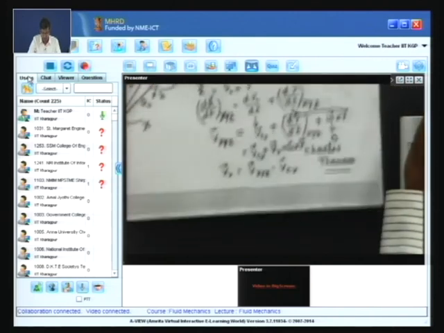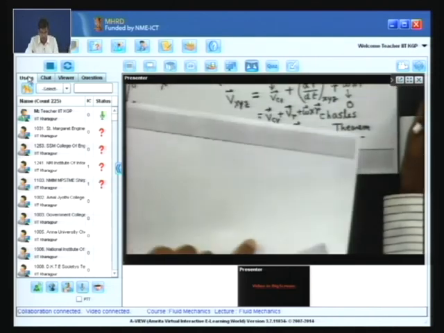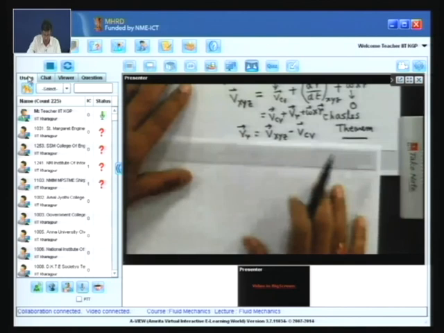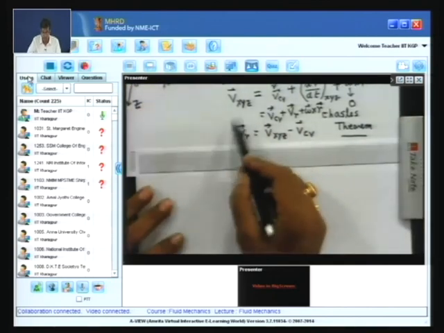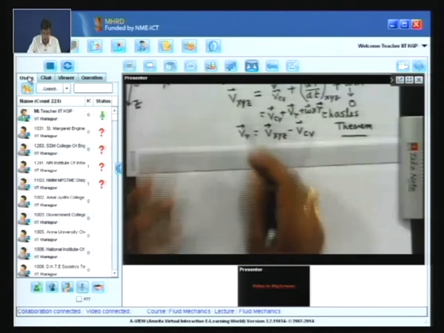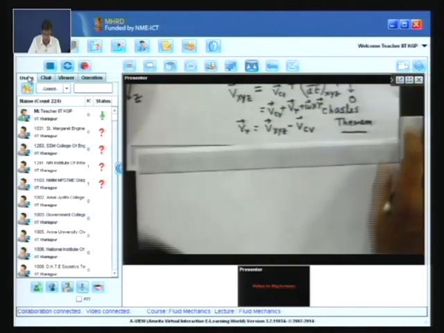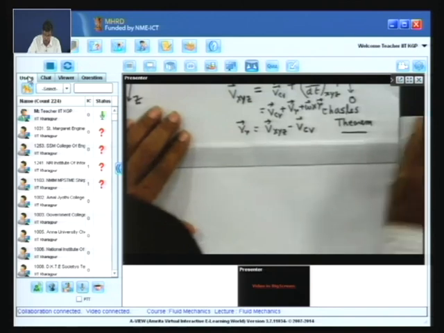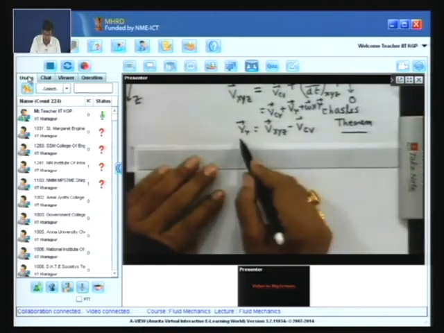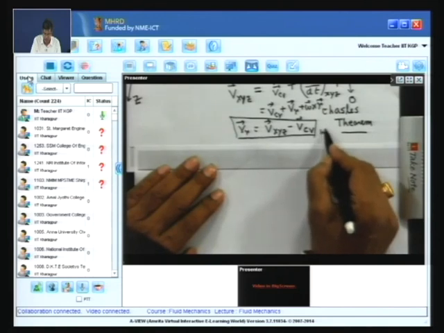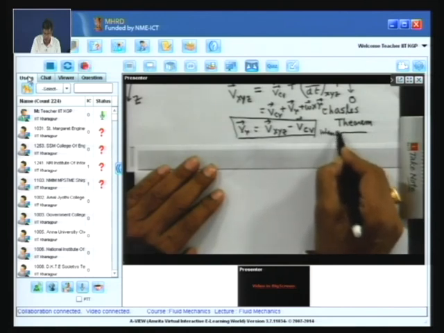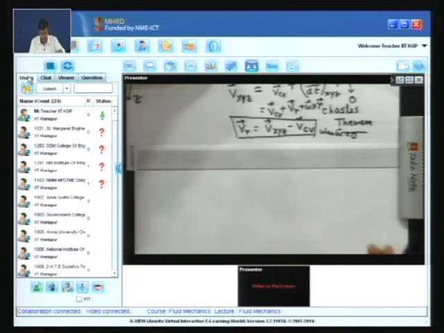I will not derive this here. So if the velocity is this, I think you can see this: Vr is V when omega is 0.